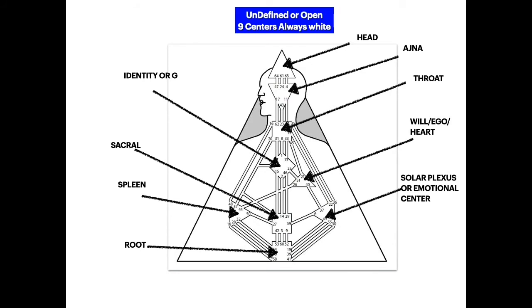Now, if we also remember that the open centers are being influenced by the defined centers of other people, well, then that would make sense. You're going to be potentially influenced by the energy of somebody with a defined center. So you can be influenced by somebody with a defined belief.